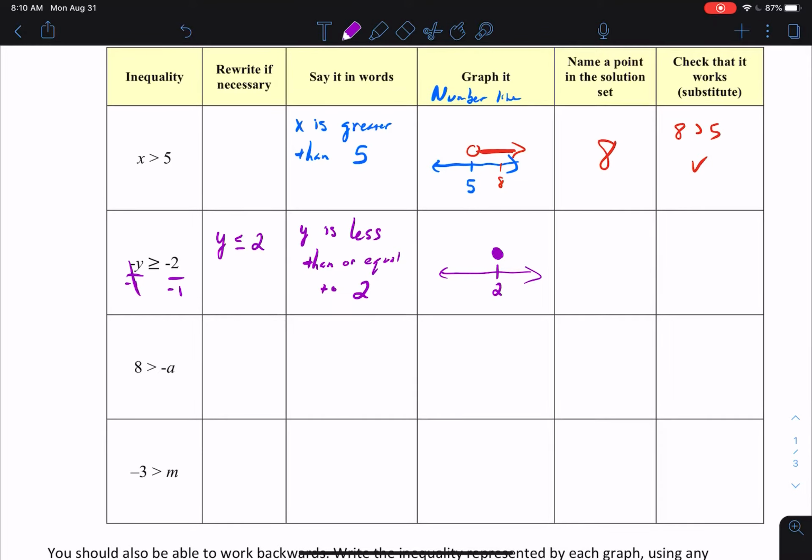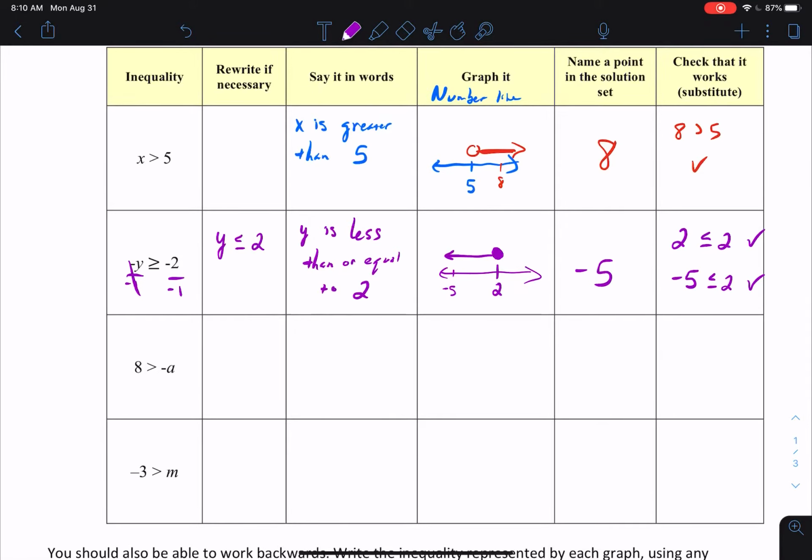I'm going to pick negative 5. Again, you could pick anything you want as long as it's smaller than or equal to 2. I'm going to check this. Negative 5 is less than or equal to 2. That is true. And then I could also pick 2. 2 is less than or equal to 2. It has that equality. Therefore, 2 works. That's why it's a closed circle.